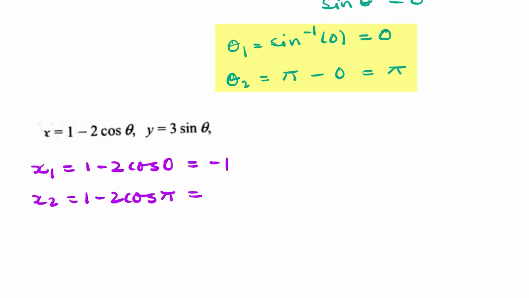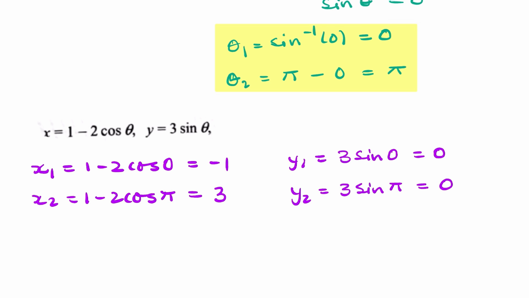Hang on, so did I get this right? 1 minus 2 times 1 is negative 1, correct? 1 minus 2 times minus 1 is 3. So that's x1 and x2. And then y1 is simply 3 sine 0, which is 0. And y2 is 3 sine pi, and that's also 0.